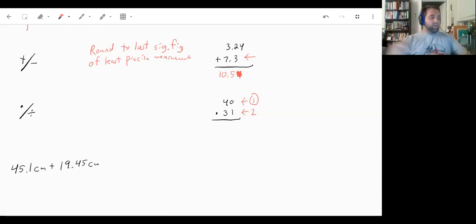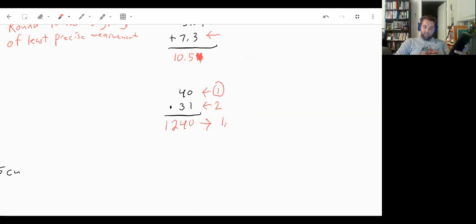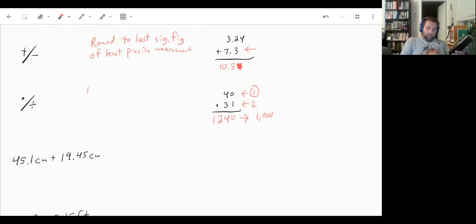So 40 times 31, I need my calculator for this. 40 times 31 will give us 1,240, which will round to make sure we only have 1 significant digit. So we round to the thousands place, and our answer comes out to just be 1,000. So we're going to round to lowest sig fig amount or number.